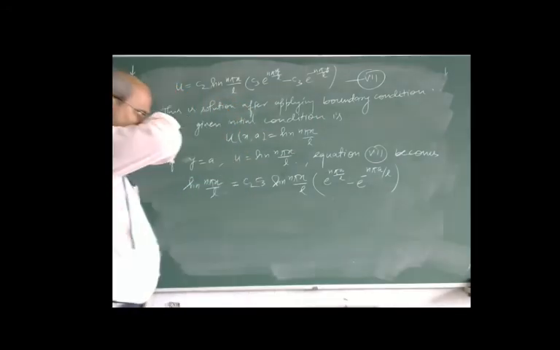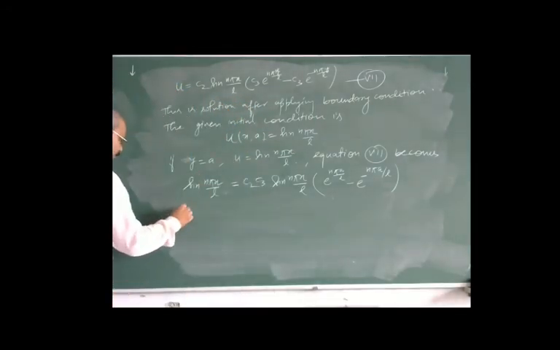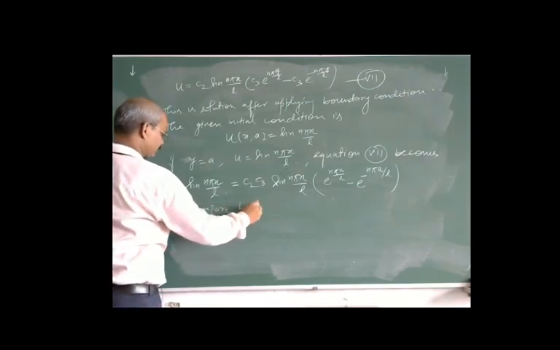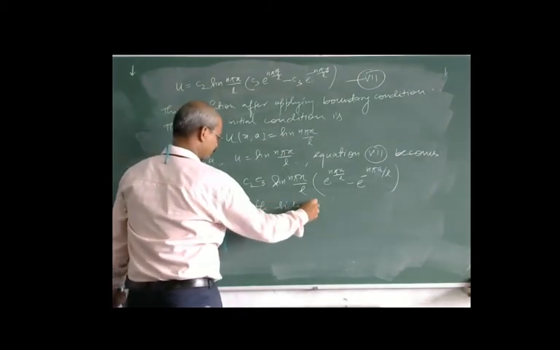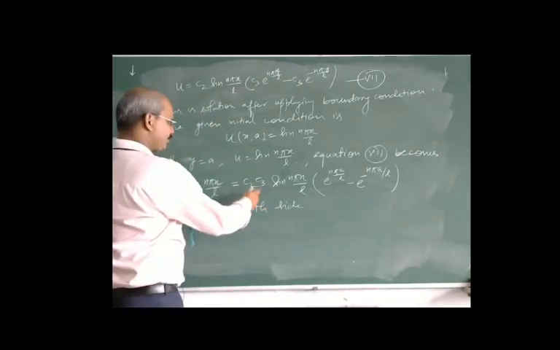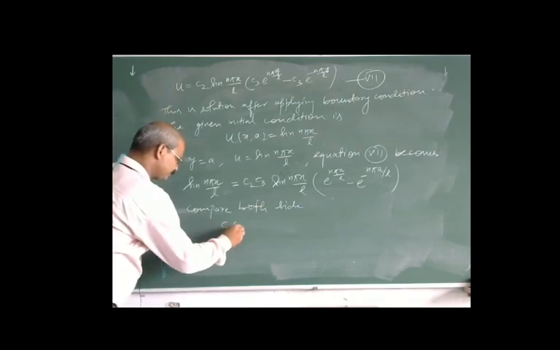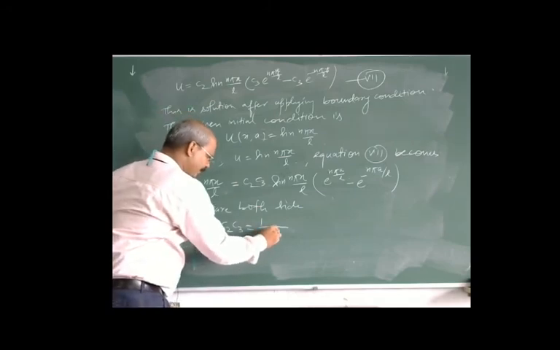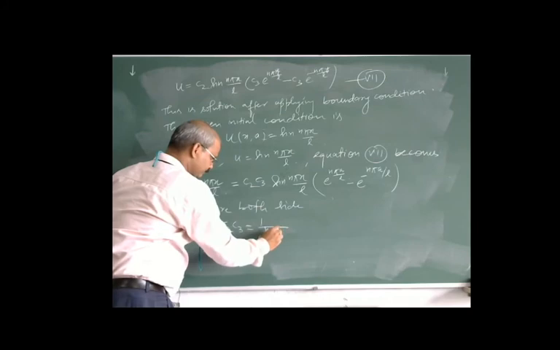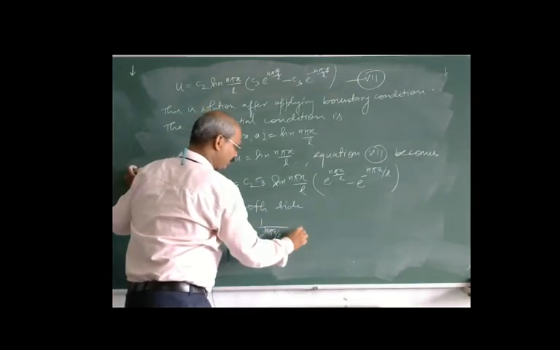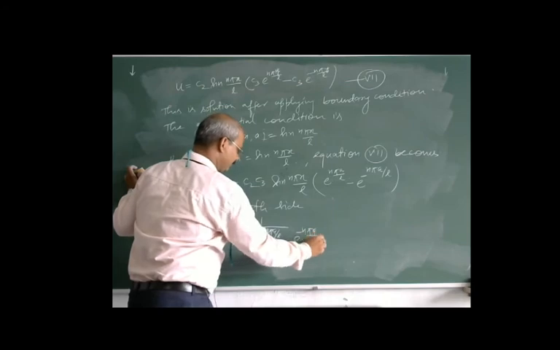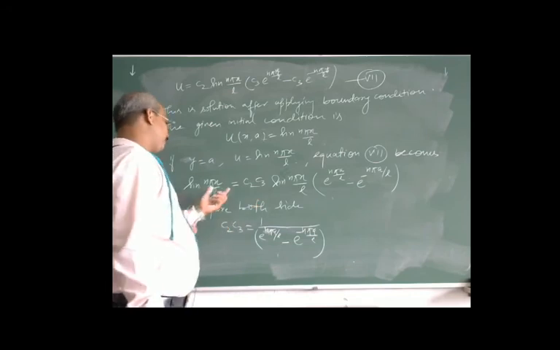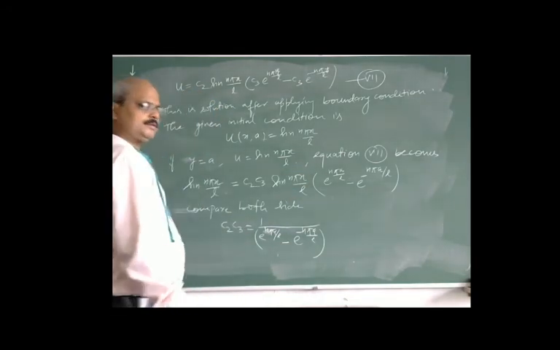Okay, students. So after comparing both sides, just see, C2 C3 becomes 1 upon e to the power n pi a by L minus e to the power minus n pi a by L. C2 C3 is equal to 1 upon this.